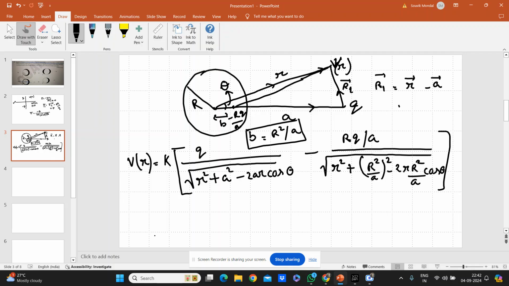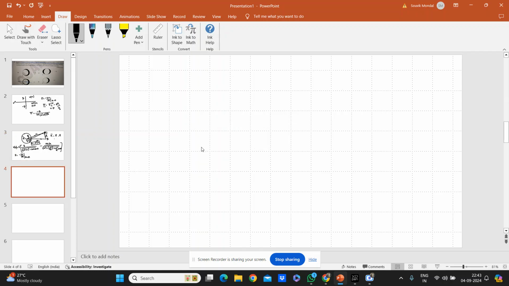Now you have to calculate the electric field. The electric field is equal to minus del V by del r. At which point do you want to calculate the electric field? At the surface of the spherical shell, right? You want to calculate the charge density at the surface, so at r equal to capital R. So now you have to take the derivative with respect to r.